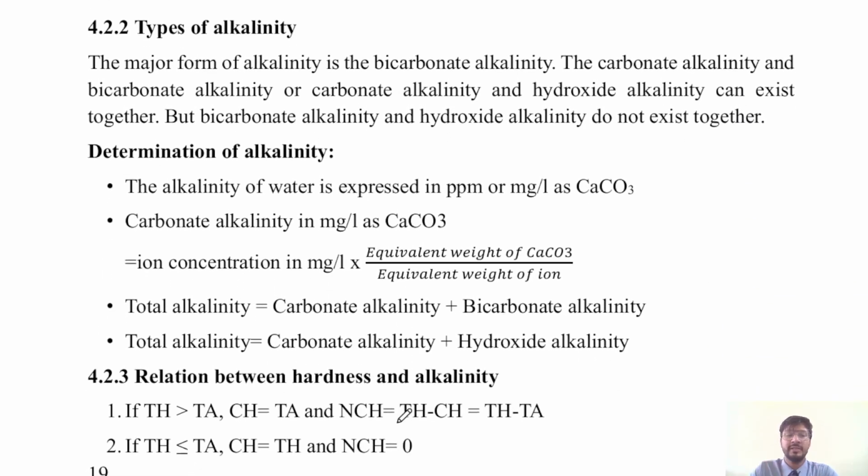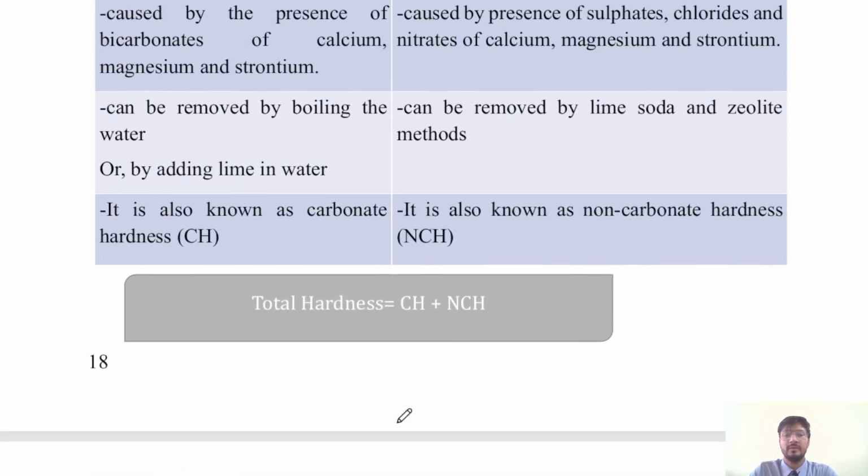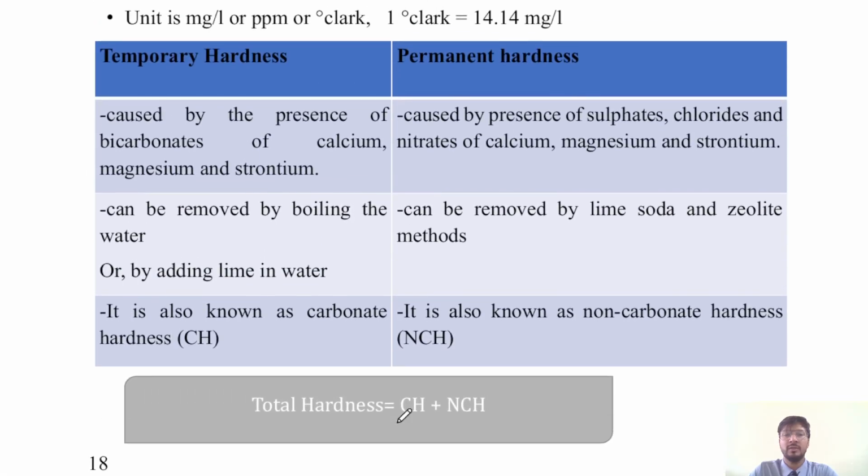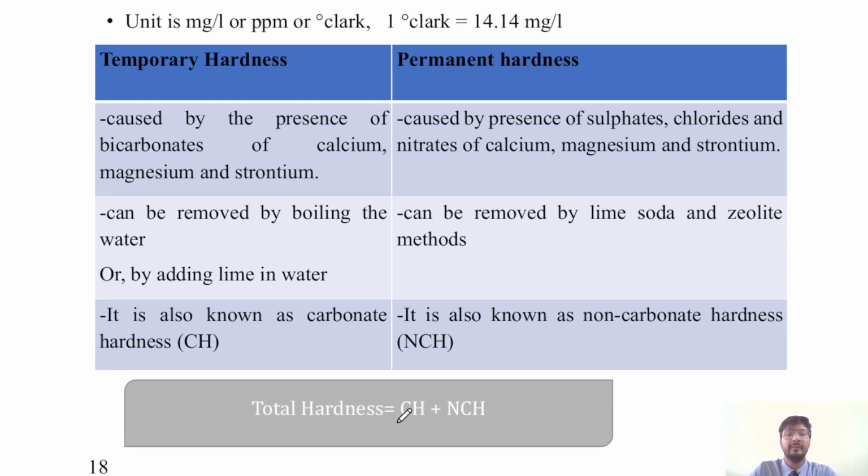Before going into this, let us conclude the concept of temporary and permanent hardness. Total hardness is the sum of carbonate hardness and non-carbonate hardness. Temporary hardness is caused by the presence of bicarbonate of calcium, magnesium and strontium.